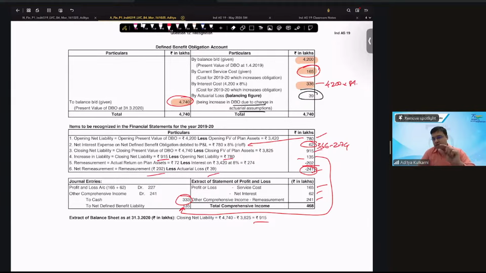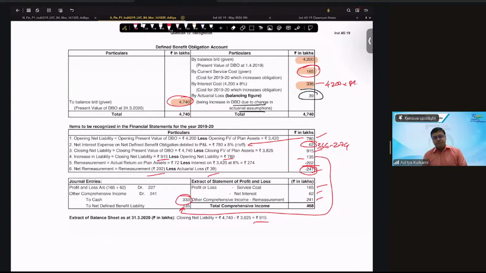You will take a little bit of extra time, but you will not get confused. The moment you club both of them and try to make a single T-form account, initially it will create confusion. I just want you to avoid that confusion.